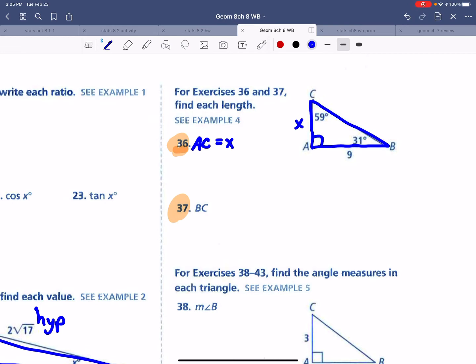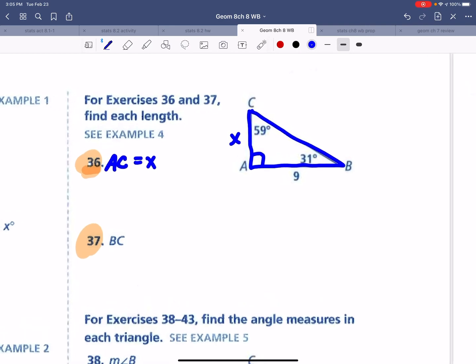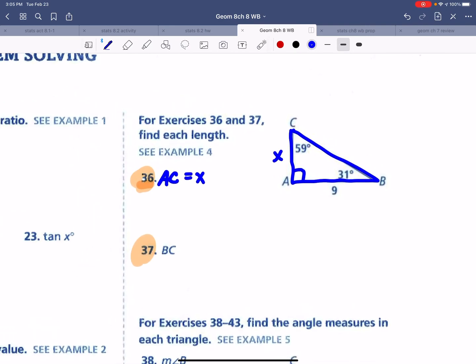It doesn't matter what your reference angle is. I'll just pick B because a lot of people like to pick not the one on top. So if I pick B as my reference angle, this would be opposite, this is the hypotenuse, and this is the adjacent side.